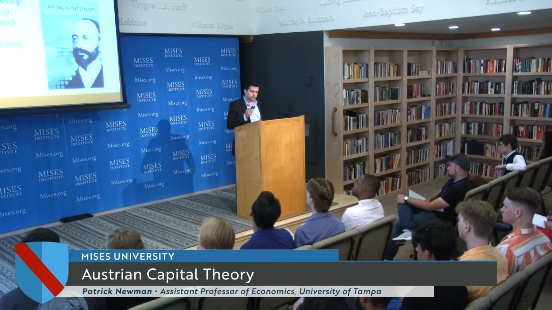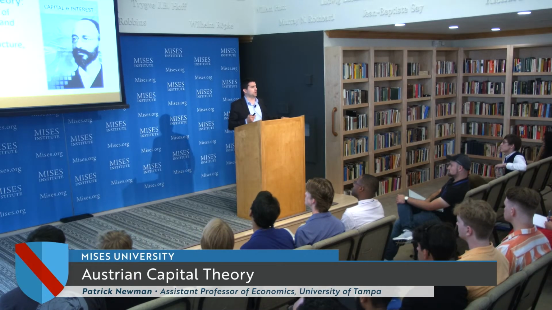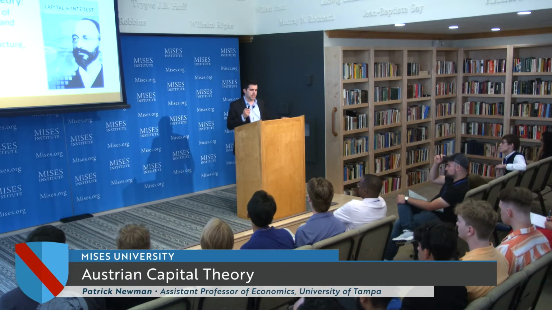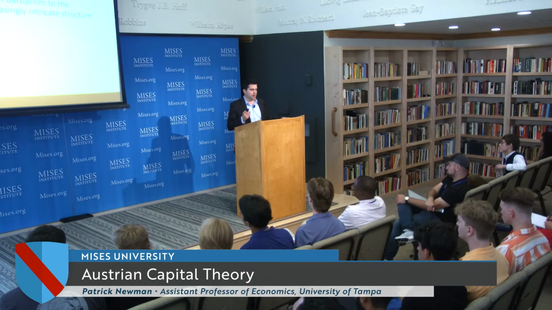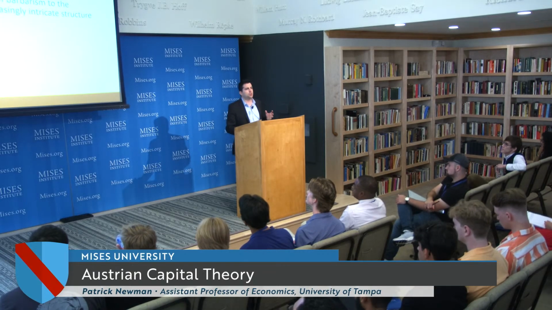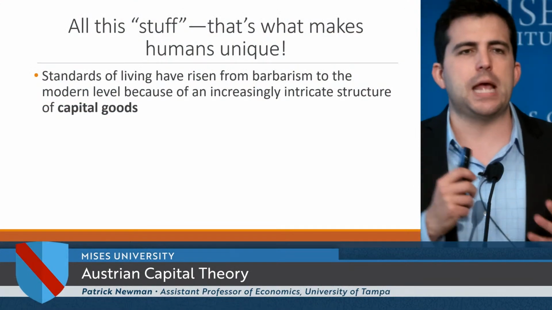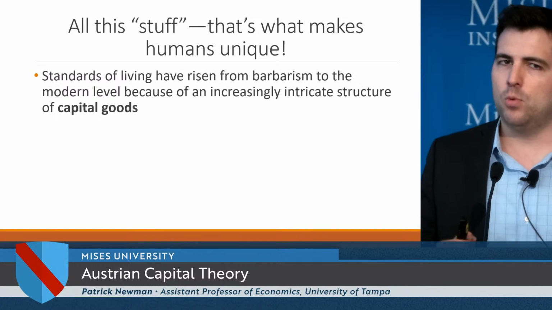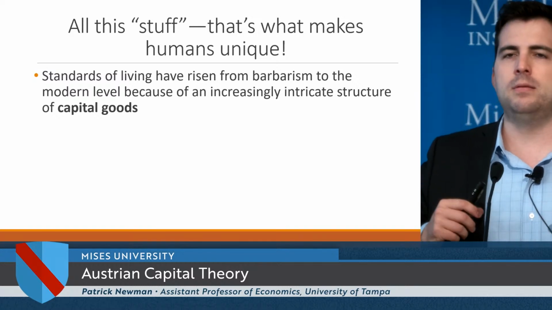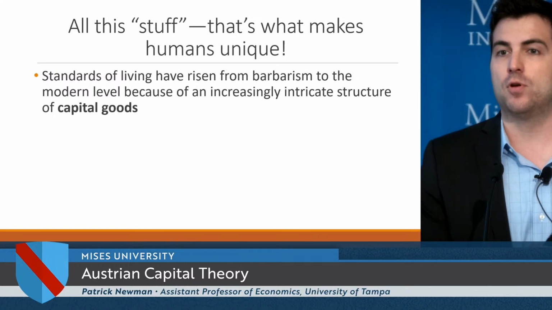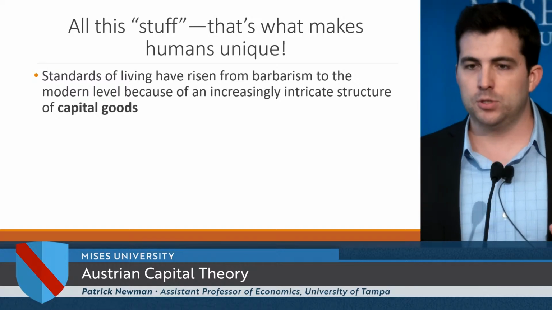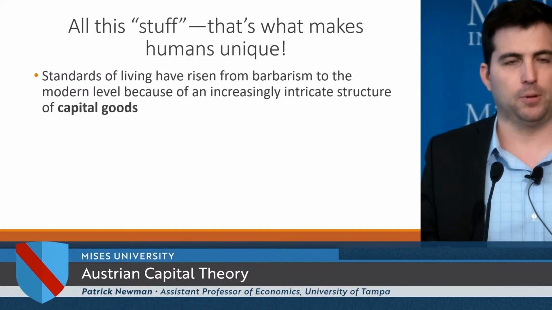All right, so when we mentioned capital goods and capital theory, I would go so far as to argue that capital goods are really what makes humans unique, in a sense. Yes, humans act, we know that, but what really separates human behavior from other animals' behaviors is the fact that we're creating capital goods, right?